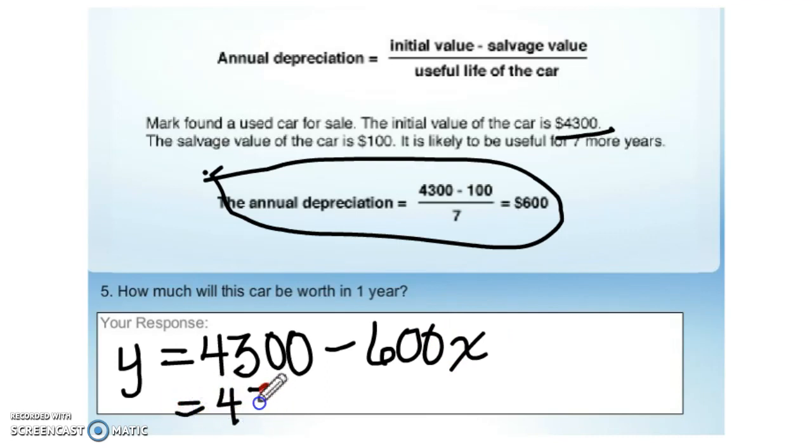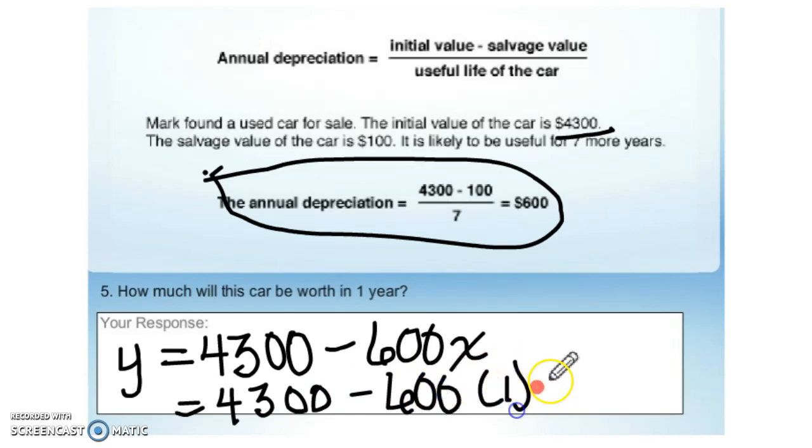If we want to know what it is worth in 1 year, it would be 4,300 minus 600 times 1, or $3,700. That's how much it'll be worth after 1 year. Hopefully that matched up with what you had.